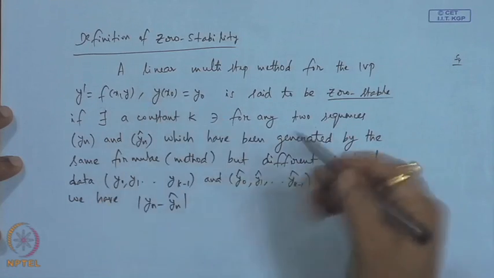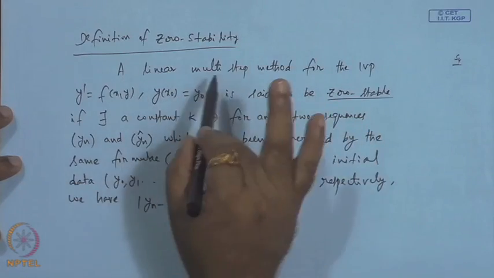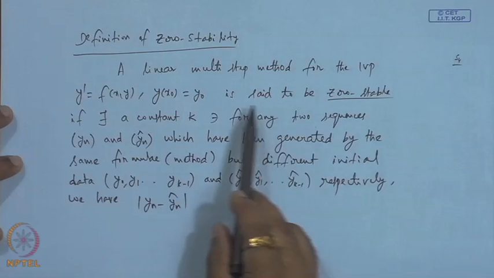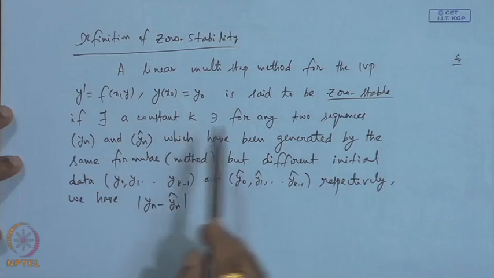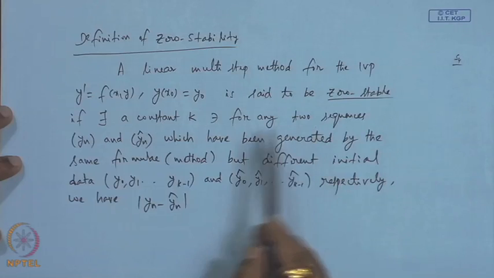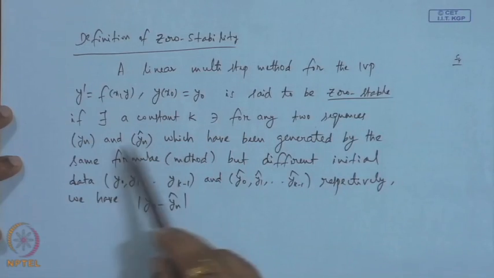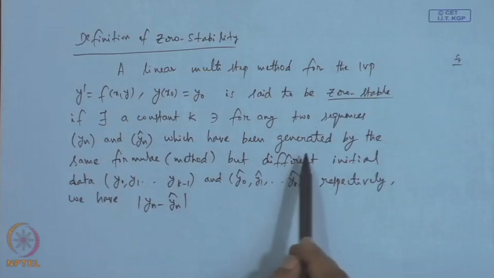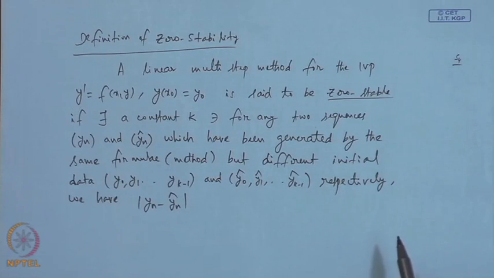What we are going to conclude: we have given an IVP and a linear multi-step method, then we say this method is 0 stable if there exists a constant k such that for any two different sequences which are being generated by the same method, the difference is bounded. So, the strategy is very intuitive.